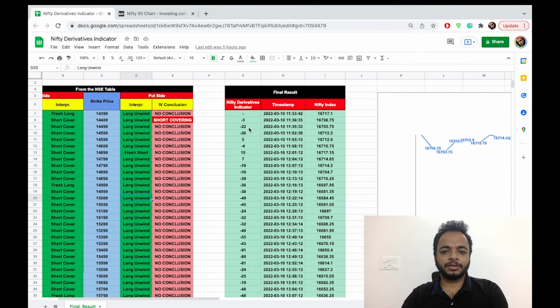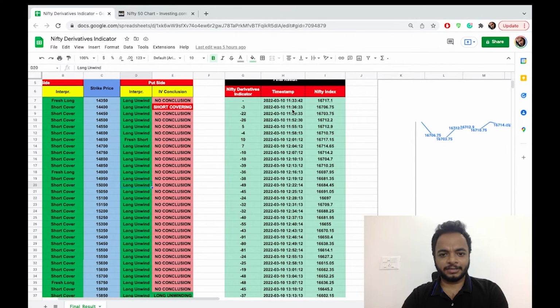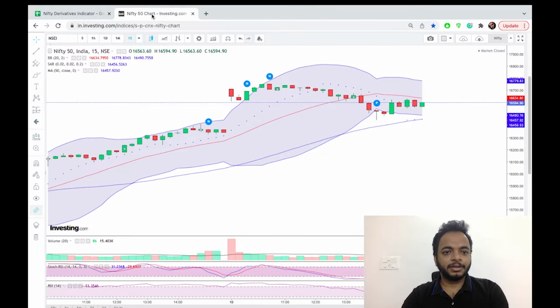So let's come to the scores now. I started the app today at 11:30. As you can see, the scores started decreasing, and all the way it decreased to negative 91 at 12:46. If you look at the candle at 12:46, there is still not much movement, but the score was negative 91.